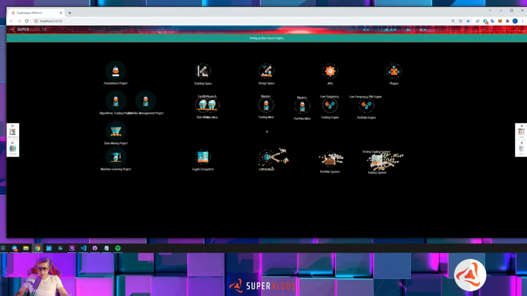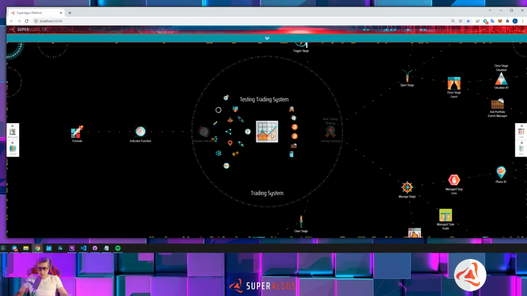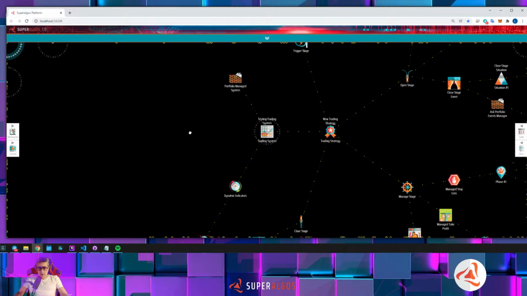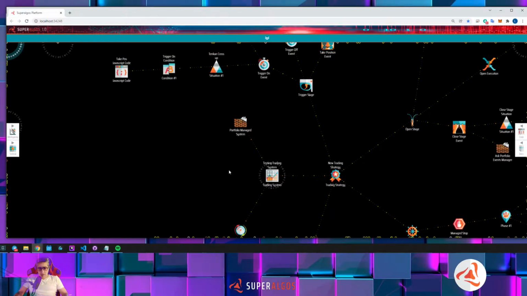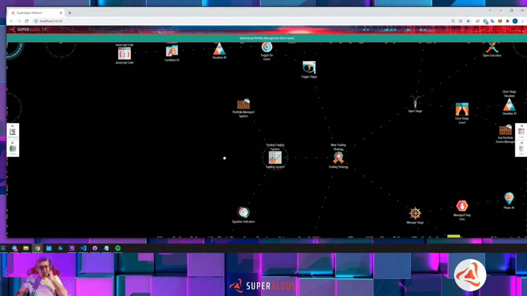Okay, so let's check it out. Here it is. Add portfolio manage system. Okay, so this is the node that is going to allow us to synchronize. So we save.